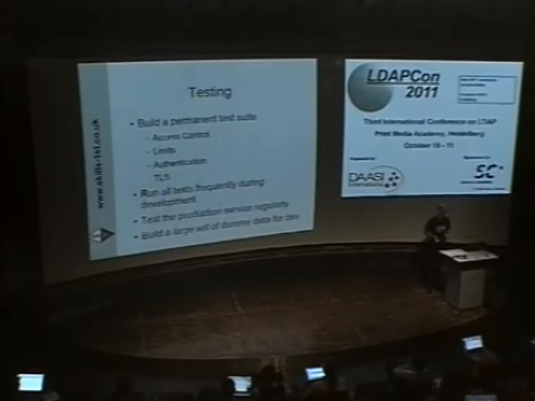So run the tests frequently and build a very large set of dummy data. Don't let the application developers work against an LDAP server with 5 entries in that they put there. You need to keep them honest. You've got to have lots and lots of data, and it's got to look very much like your production data. But it must not be the production data.